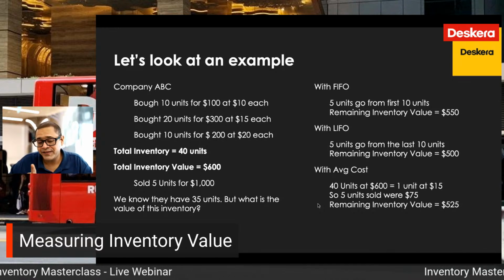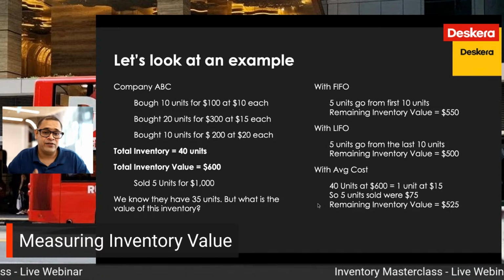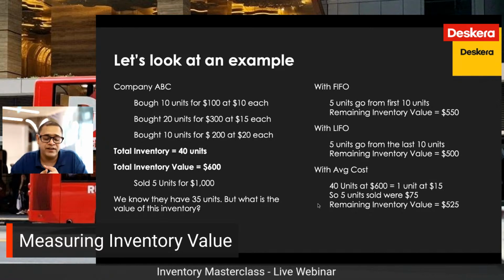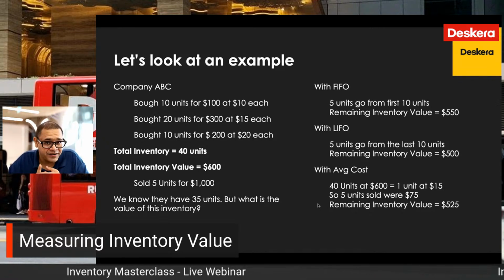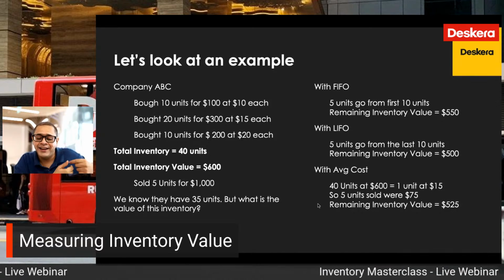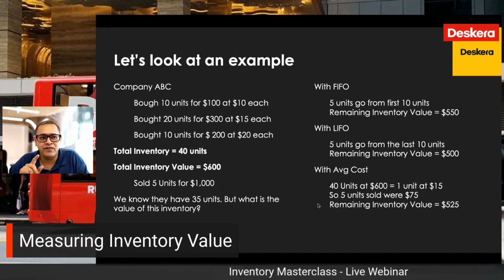However, with last in, first out, you can see the calculation is different here, because the 5 units are going from the last 10 units, which we bought at $20 each. And therefore, my inventory value decreases by $100 here instead of 50.